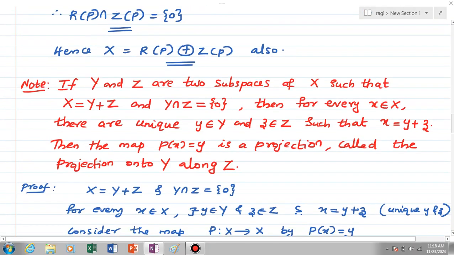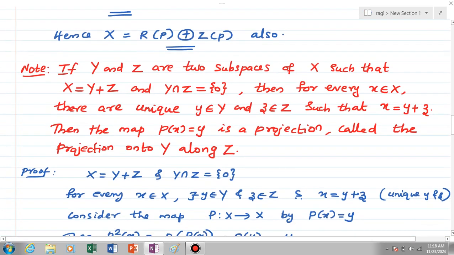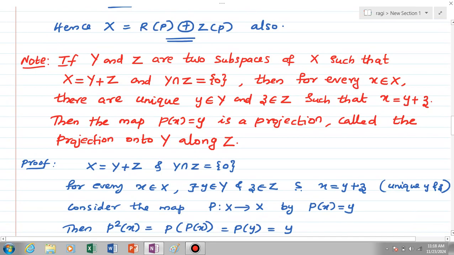So we have Y and Z are subspaces of capital X such that X equals Y plus Z and Y intersection Z equals {0}. Then for every x in X, there exist y in Y and z in Z such that x equals y plus z uniquely. We have to prove that the map defined by P(x) equals y is a projection.